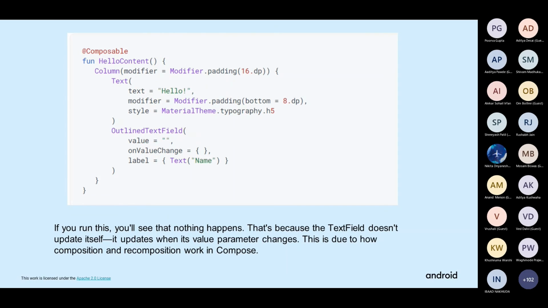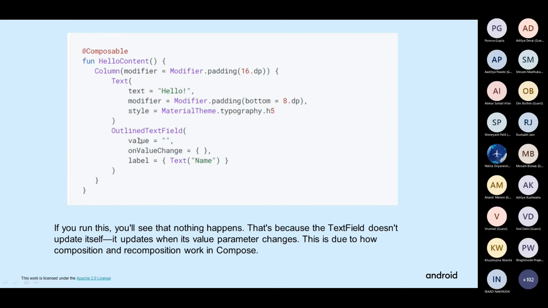This is the code where we have this composable with the name HelloContent. In this, these are some basic things that we have in a composable. Modifier is used to set the padding. Here we have 16. We can have 32, 8 or anything. And in Text we have Hello. In the modifier, again, this is padding and style.